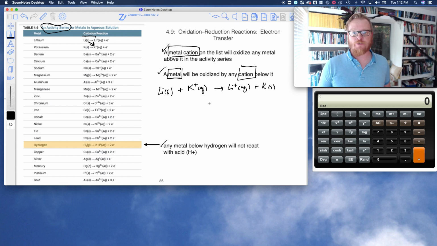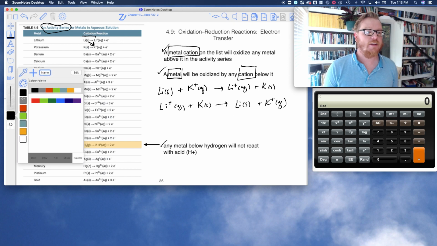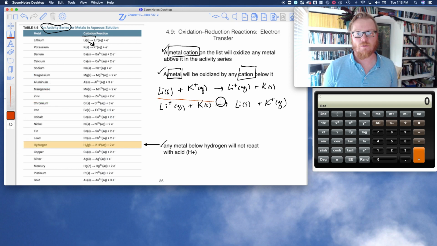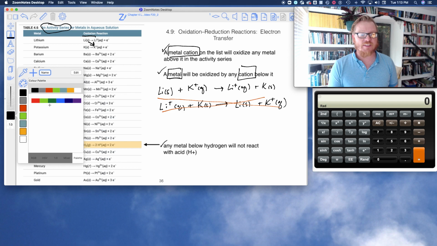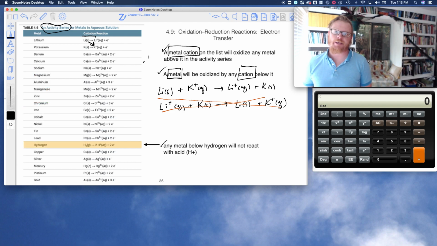In other words, if I write lithium plus K solid, so I'm basically writing this reaction in reverse, that is no bueno. I want to put a big X through it. So that's what these two points are. They mean the same thing. It's just two different ways of saying it.